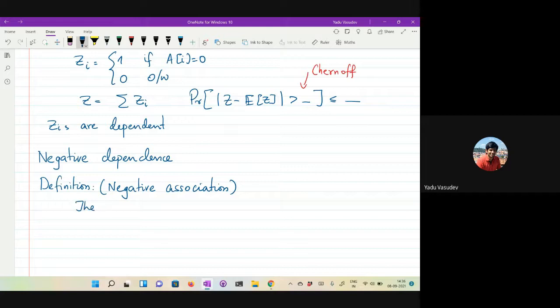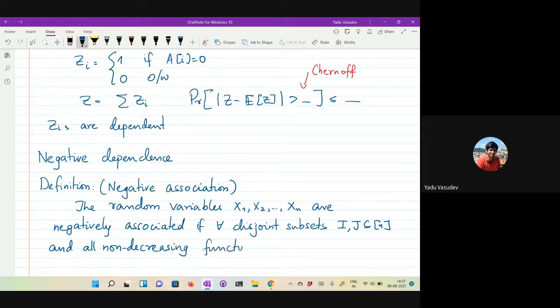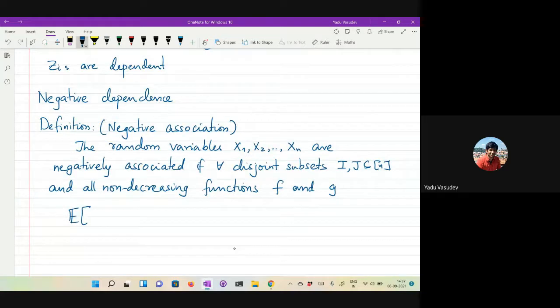We'll say that the random variables x1, x2, and so on till xn are negatively associated if for all disjoint subsets I, J of [n], take any disjoint subsets I, J, and all non-decreasing functions f and g, you can say that the expected value of f of xI times g of xJ is at most the expectation of f of xI times the expectation of g of xJ.